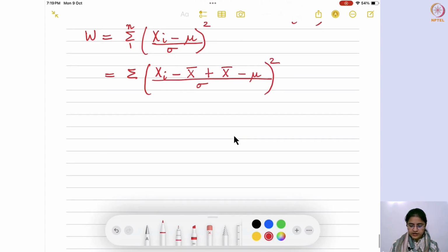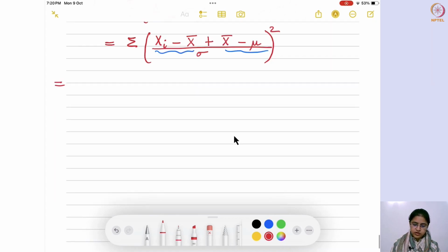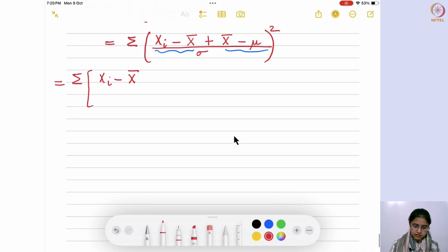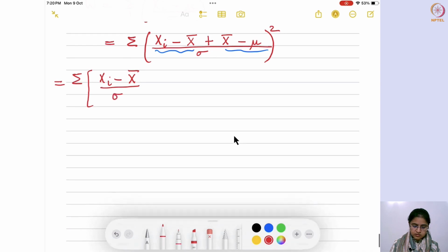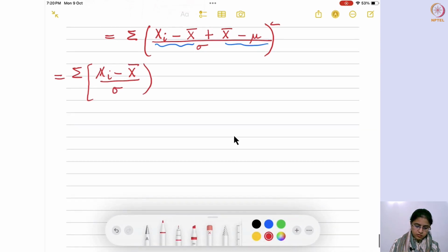So I can take this term and expand it. Let us see what you get from here. Summation, if you focus on this part, this is xi minus x bar by sigma whole square.